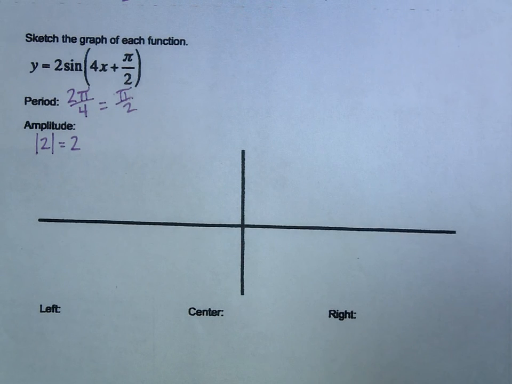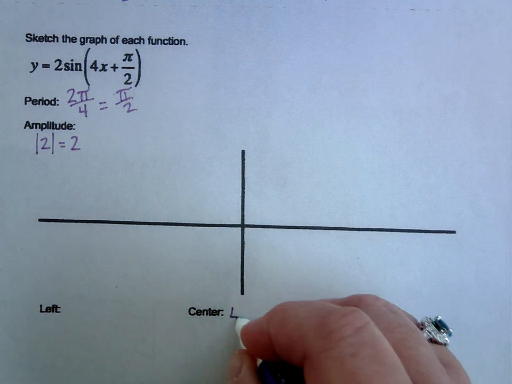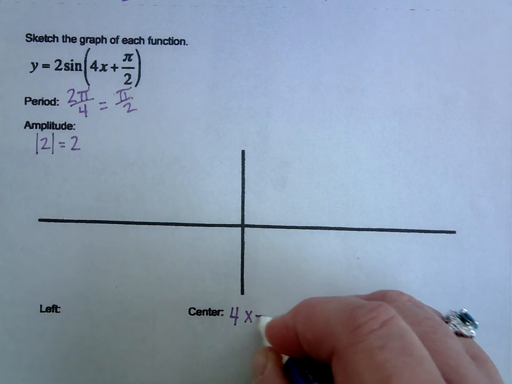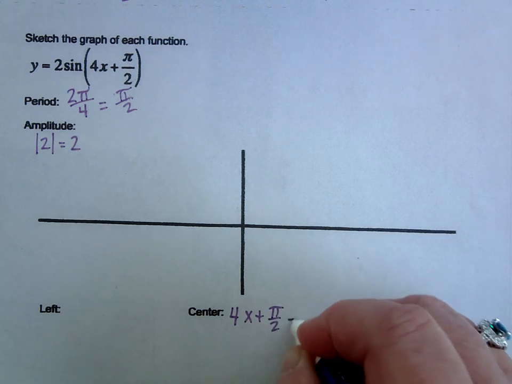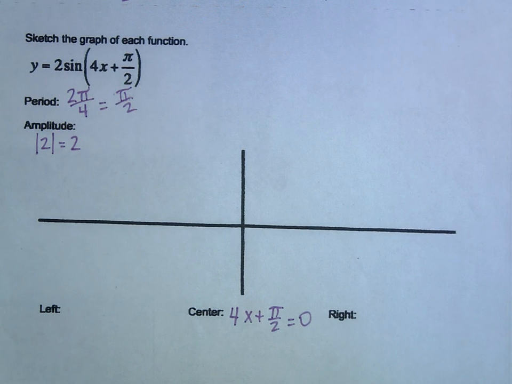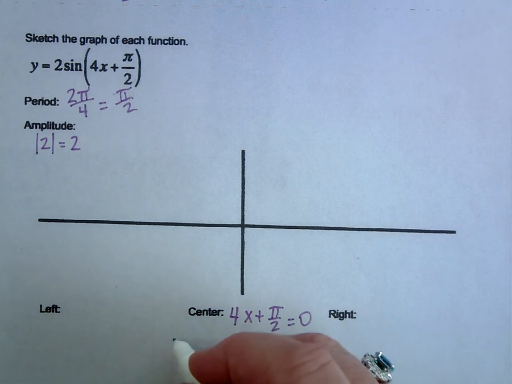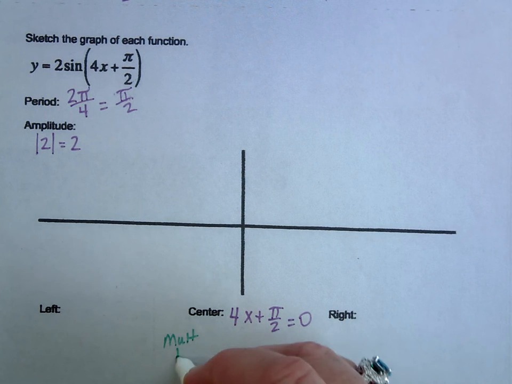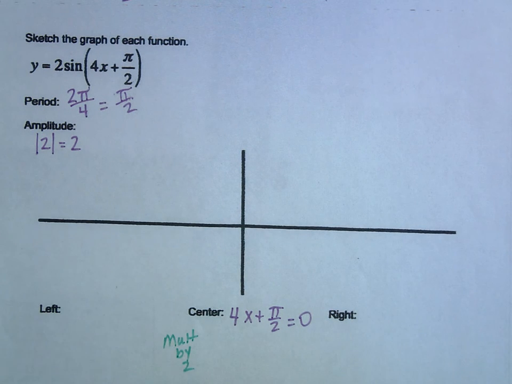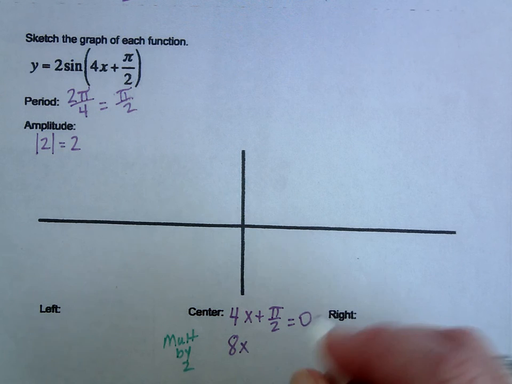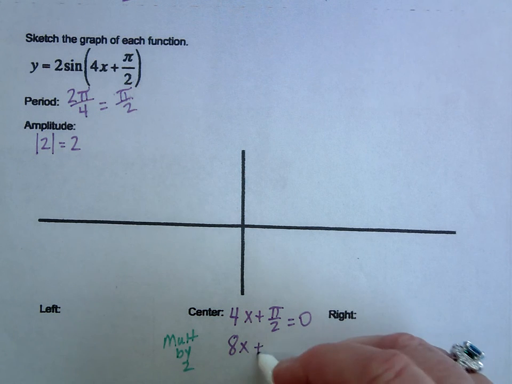If I try my trick, let's see how it goes. 4x plus pi over 2 equals 0. I do not like fractions, right? So we said, all right, multiply by whatever that denominator is. I'm going to multiply everybody by 2. 2 times 4x is 8x. 2 times pi over 2 cancels the 2, so I got a pi.